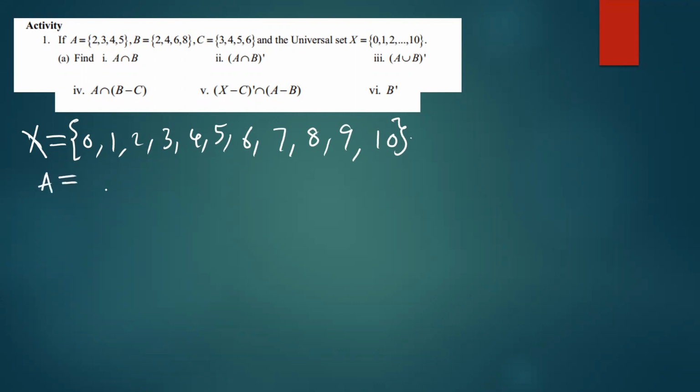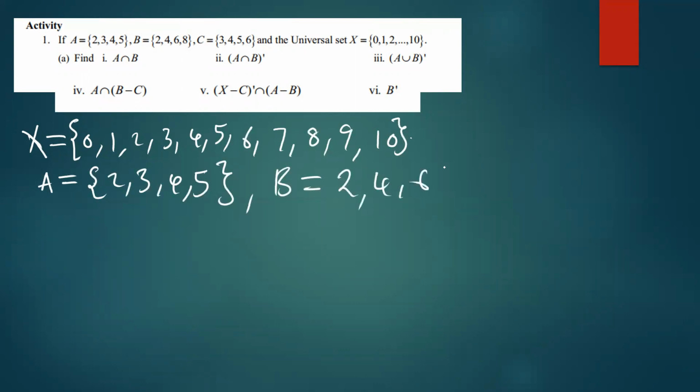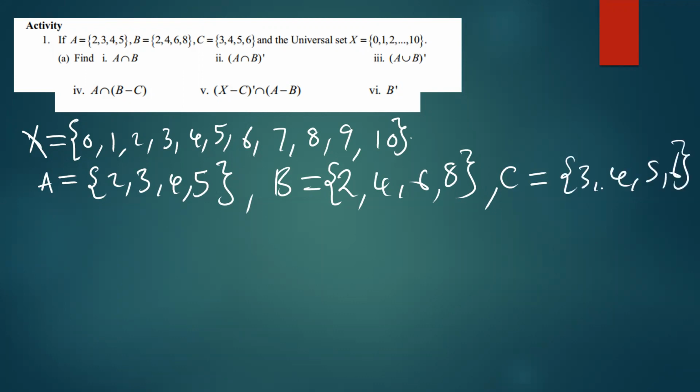A is equal to 2, 3, 4, 5. Then set B is equal to 2, 4, 6, 8. And we also have set C, which is 3, 4, 5, 6. So these are the three sets that we've been given.